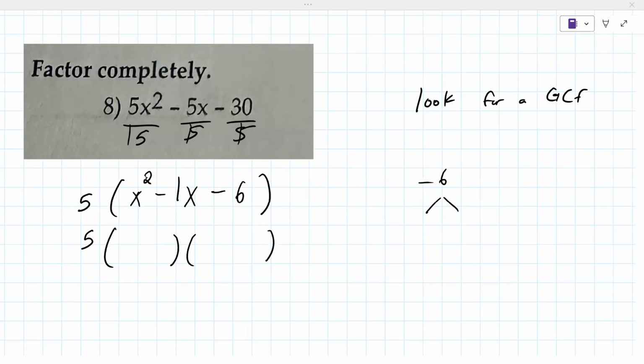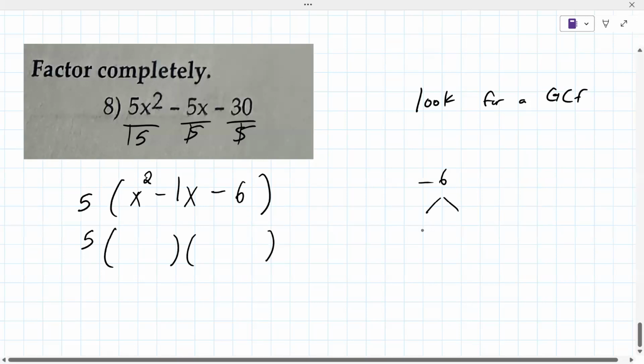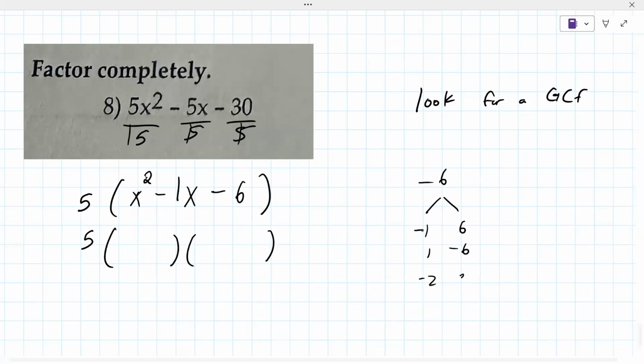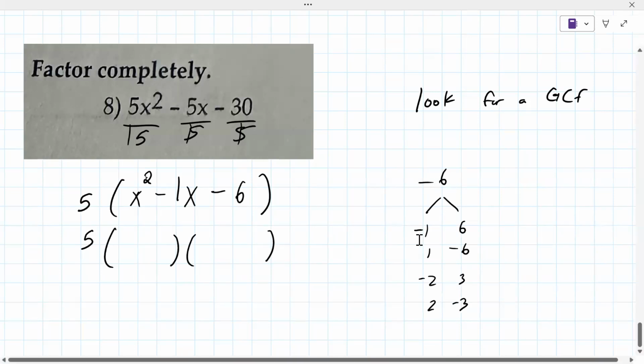I'll help here. It's -1 and 6, or 1 and -6, -2 and 3, 2 and -3. Whenever you have a negative number, one has to be positive and one has to be negative. That's the only way.